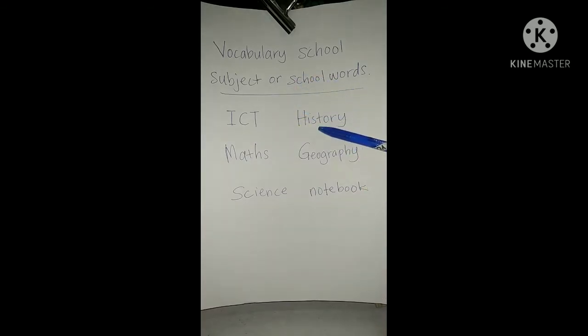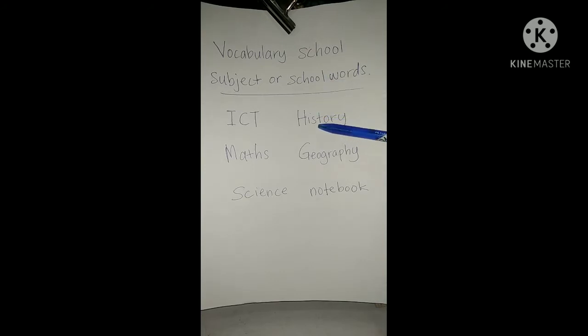Okay, history. History is one of the subjects also. In school, it's learning about something that already happened, or the real story that already happened in our world, our previous life, and also the previous situation in our world.